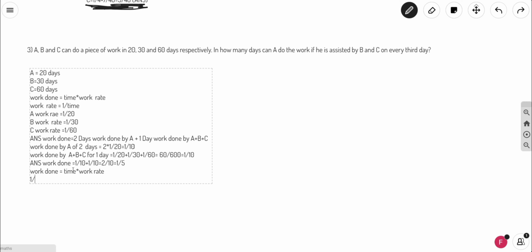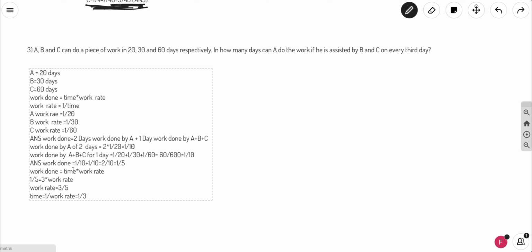Work done is equal to time into work rate. So work done is equal to 1 upon 5, and the time is 3 days. So 3 into work rate gives 3 upon 5.